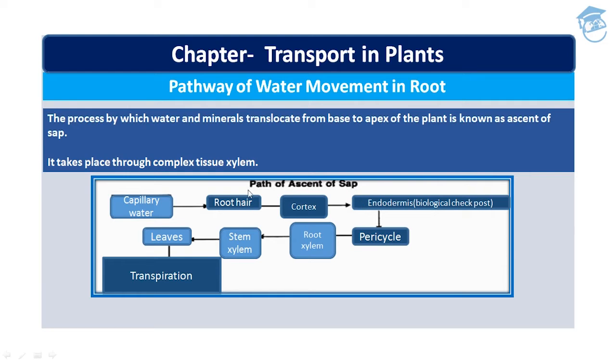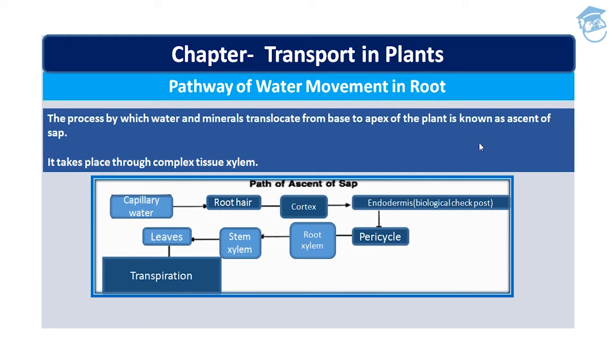Here we will discuss the path of ascent of sap. So from cortex to endodermis, endodermis to pericycle, and from pericycle to the root xylem. That means, see students, we know that xylem is present in roots also and in stem also.